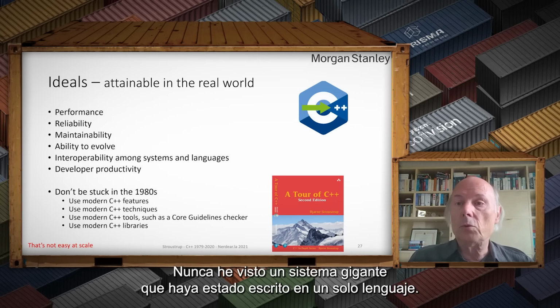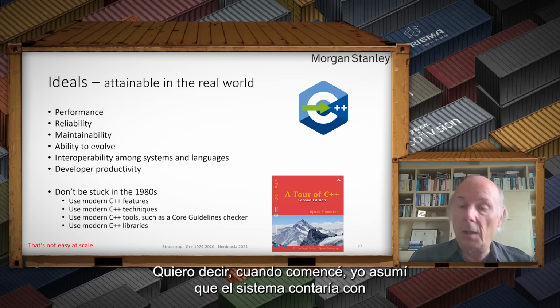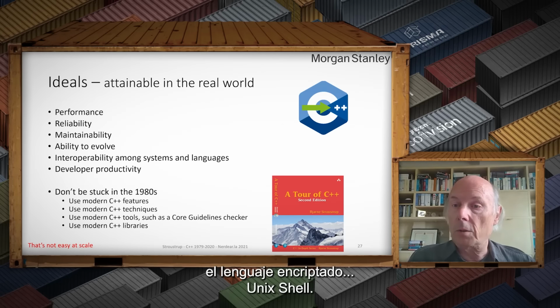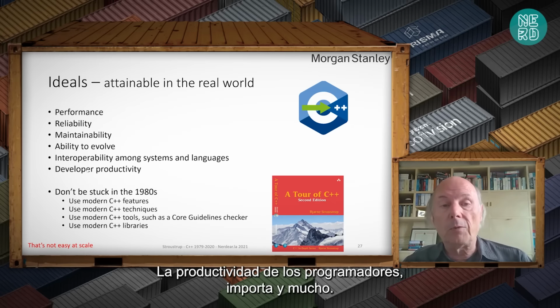I've never seen a huge system that was written in exactly one language. I mean, when I started, I was assuming that the system would contain C++, C, Fortran, Simula, and a scripting language, the Unix shell. And developer productivity matters a lot.